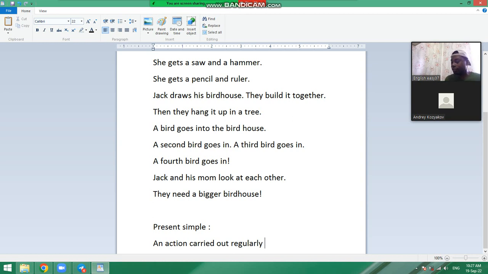If somebody goes to the sport hall twice a week, that means two times a week the person goes to the sport hall. That is called present simple because he goes every week two times. So that's a regular thing for him, and it's in present.